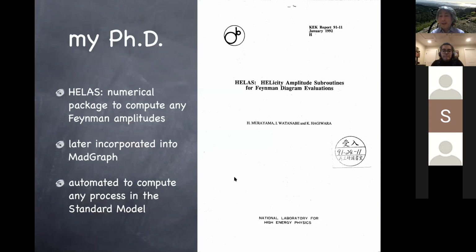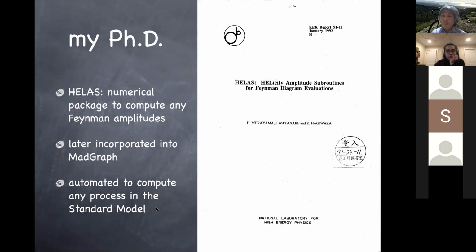You can't work them out by hand; you have to rely on numerical techniques. So I wrote a software package to compute the Feynman amplitudes for any quantum field theory by gluing internal lines and vertices together as a package. I call that HELAS, which stands for helicity amplitude subroutines.